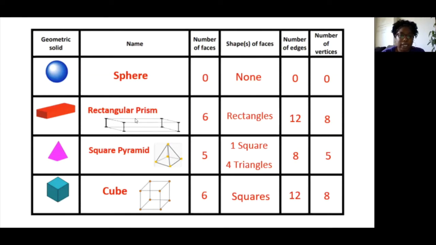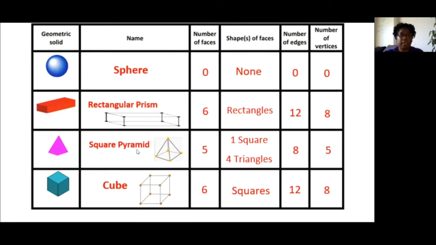As you can see here on the picture, try to identify the vertices. 1, 2, 3, 4, 5, 6, 7, 8, and here are the edges. If we were to go all the way around, we would count 12 edges. Okay, so once again, here are the edges, here are the vertices.